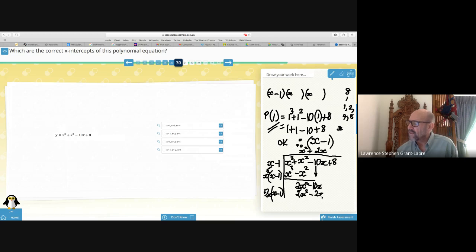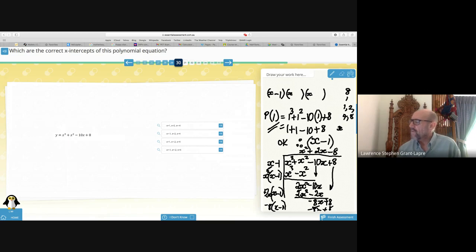And that would mean 2x squared minus 2x squared is gone. Negative 10x minus negative 2x makes negative 8x. Bring that down. And we want x times negative 8 to equal x minus 1. So we get negative 8x plus 8.